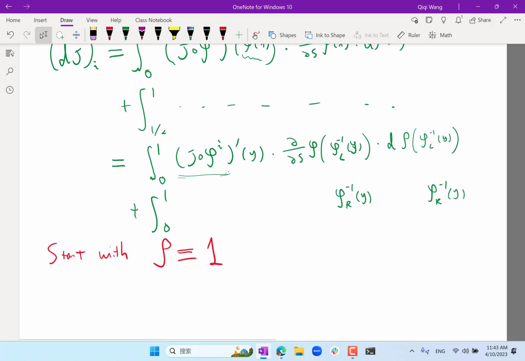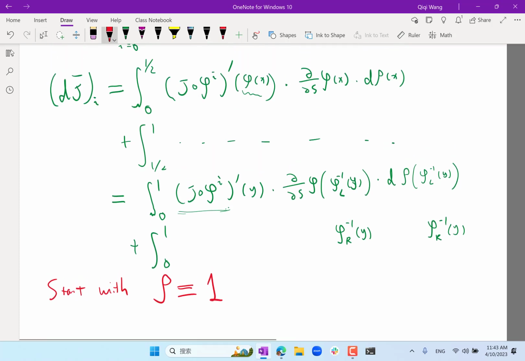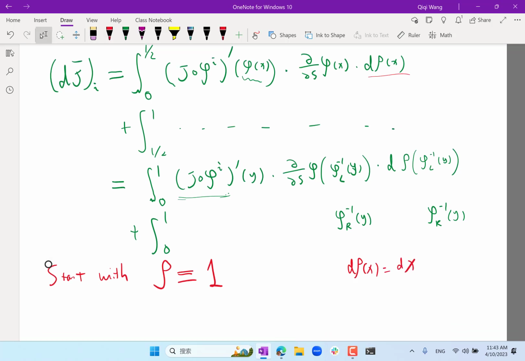Okay, so let's figure out, because integration by parts is easy. The density d rho of x is just equal to dx, in this case.